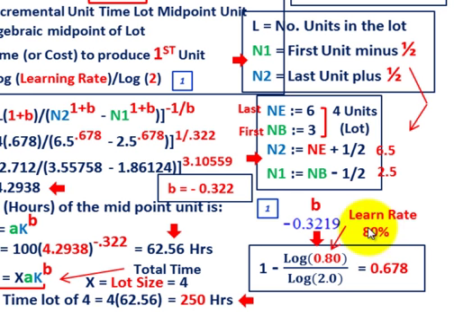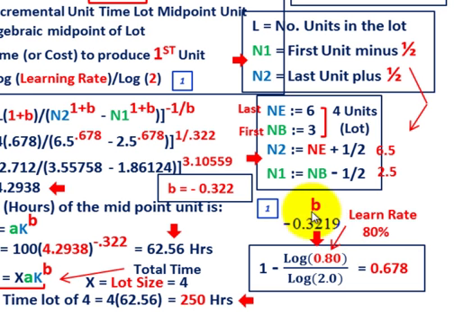That's a 20% improvement rate, but an 80% learning rate. So we take the log of 0.80 divided by the log of 2.0, and that gives us a B exponent of negative 0.3219.